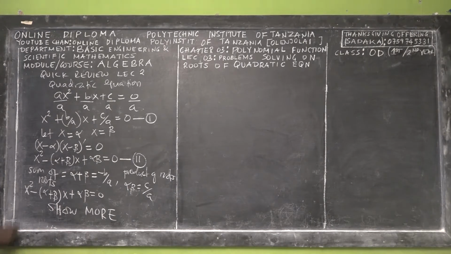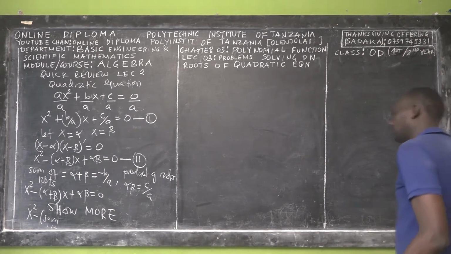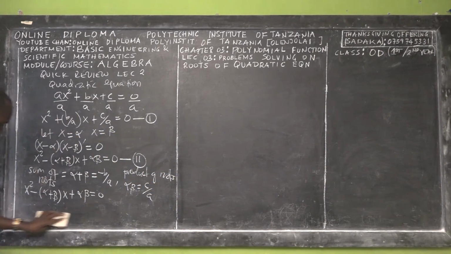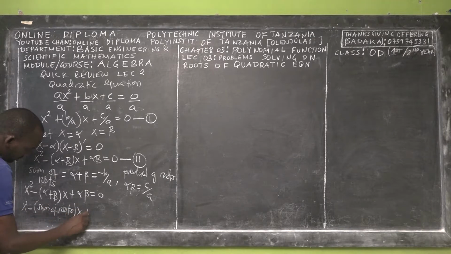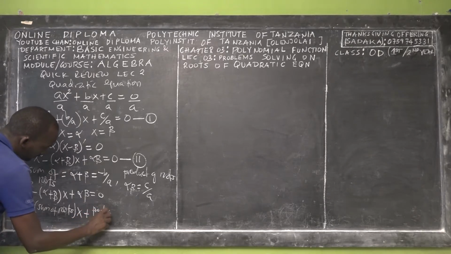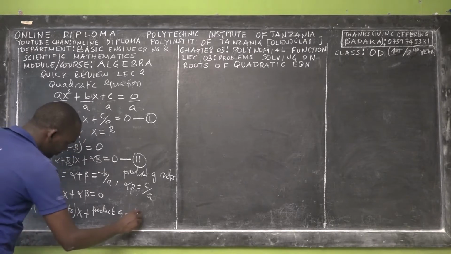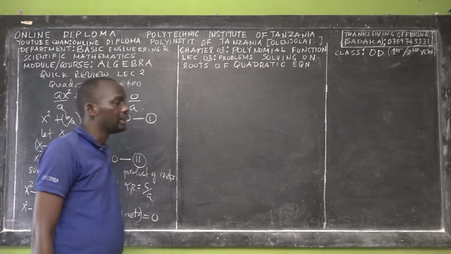Simply, you can write this as x squared minus the sum of roots, times x, plus the product of roots, equals 0. So that's what we had.